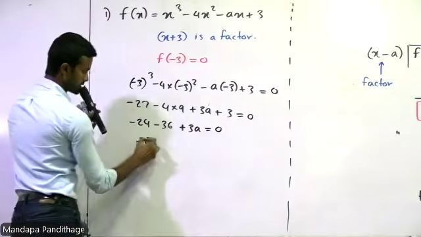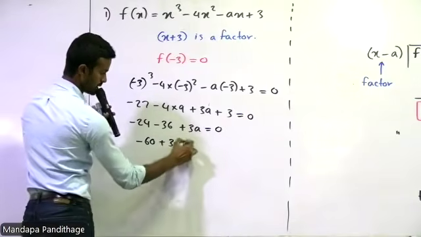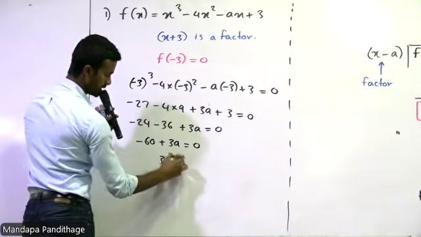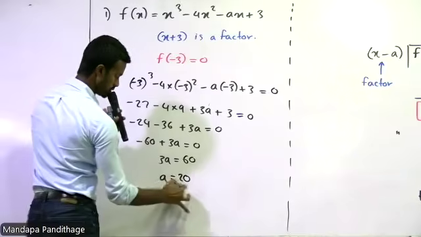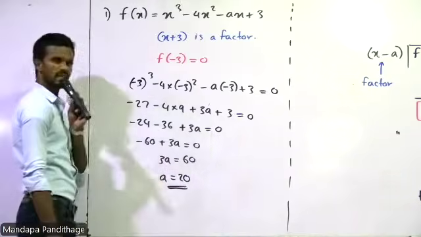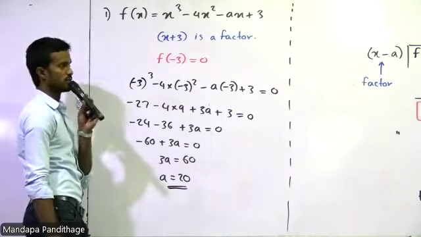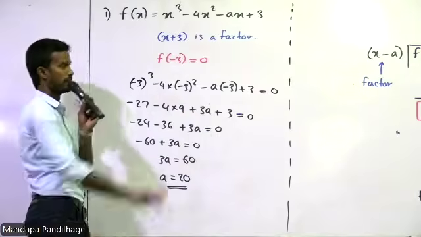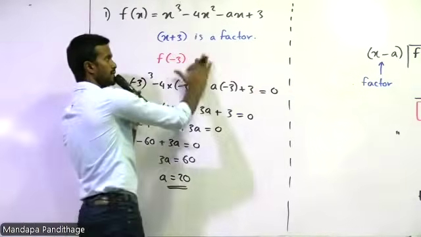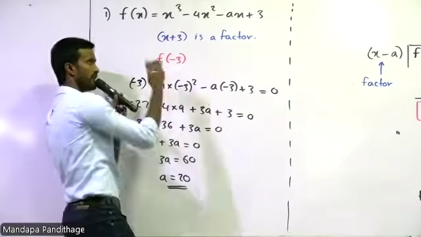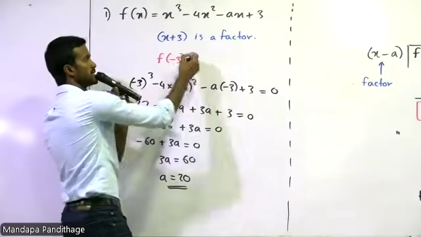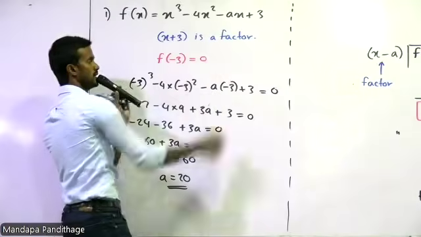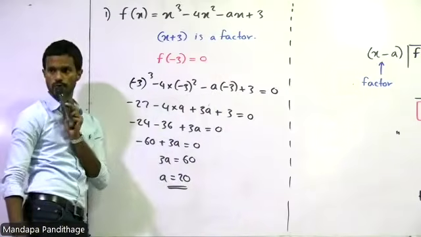So it's minus 60 plus 3a equals 0. 3a equals 60. a is equal to 20. Clear? Previously we were supposed to find the remainder. So f(minus 3) is the remainder, but in this case, the remainder is equal to 0. Clear?